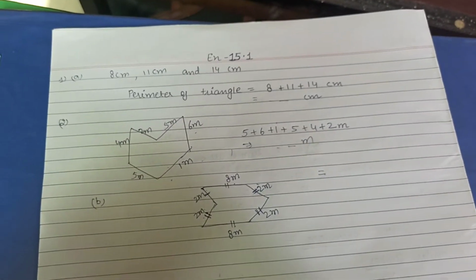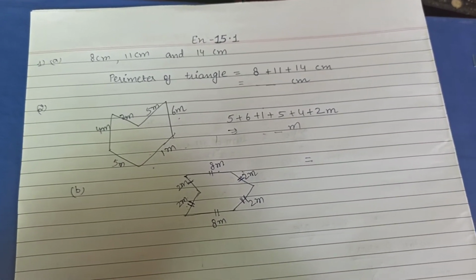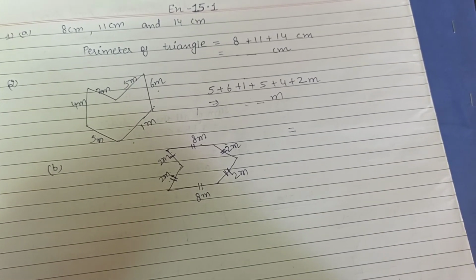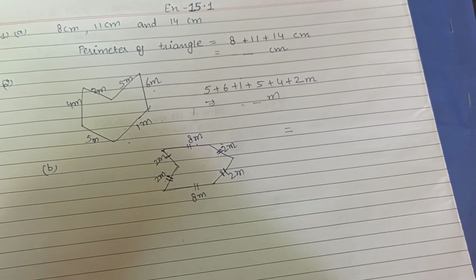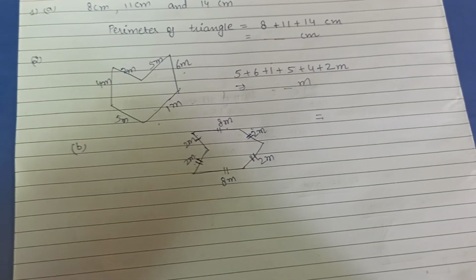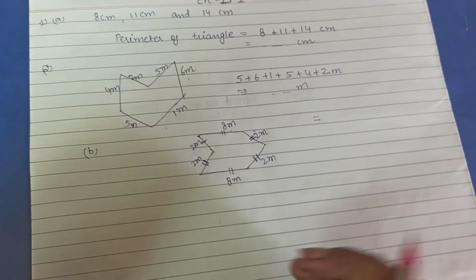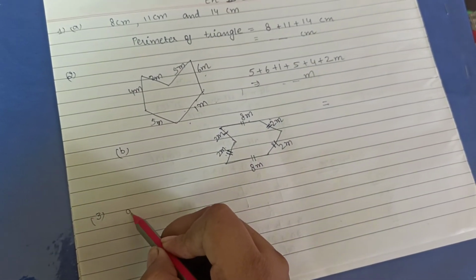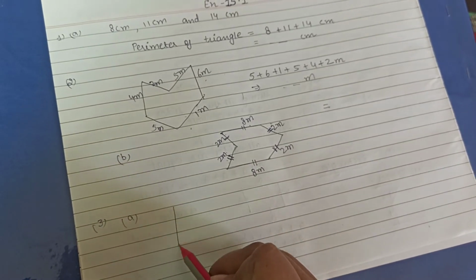Now in the C part, every unit is written separately, so you can add and find the perimeter. Now the third one is find the perimeter of the following squares. In the third one, see, there are squares given to you like this.